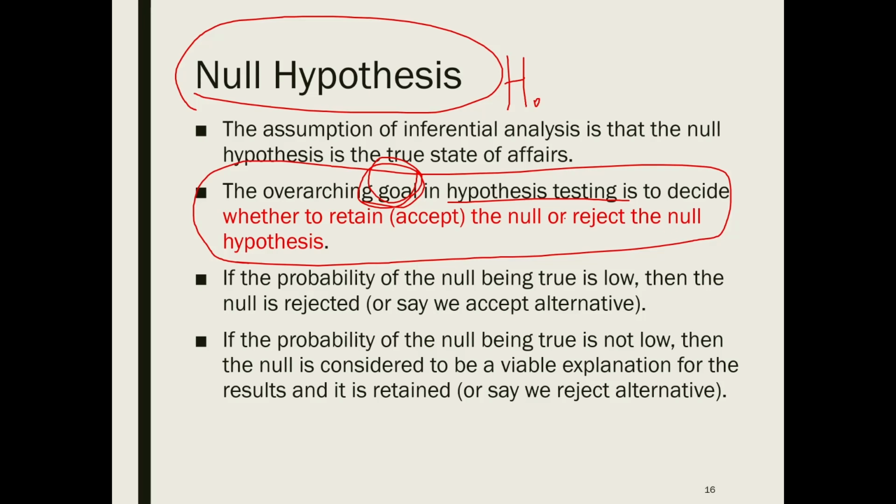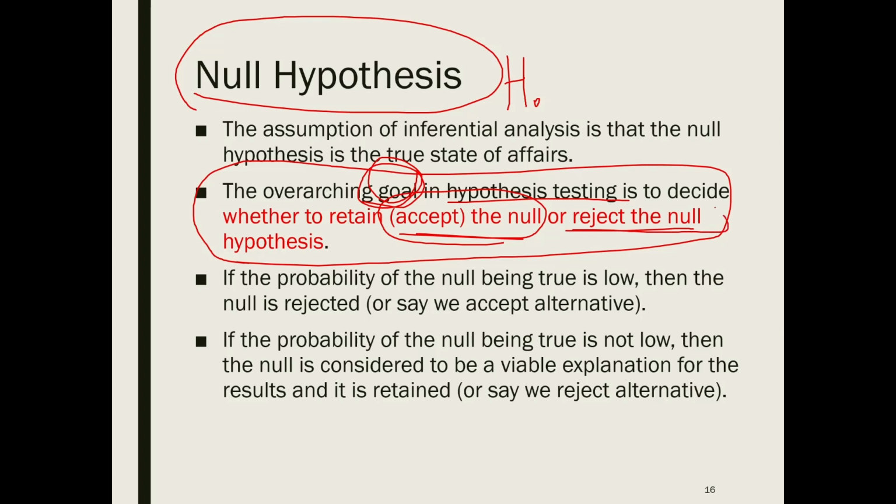Okay, so we only choose to accept the null hypothesis or reject the null hypothesis. We don't run any tests on the alternative hypothesis. We only run the test on the null hypothesis. This is really, really important. Okay, so if we accept the null hypothesis, that basically means we reject the alternative hypothesis.